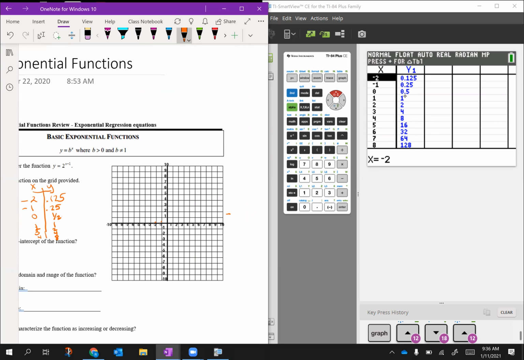Sorry. So: 0, 1/2. 1, 1. 2, 2. 3, 4. 4, 8. I just wanted to do the numbers that I put on my graph.